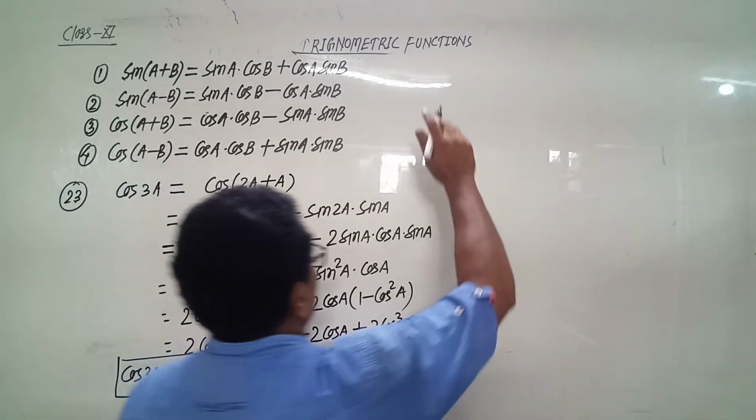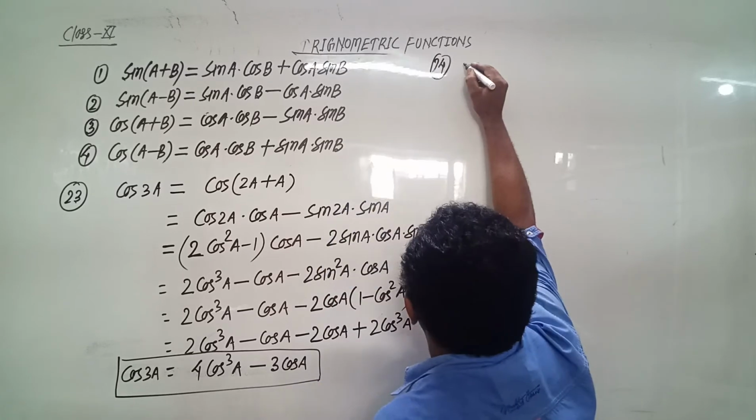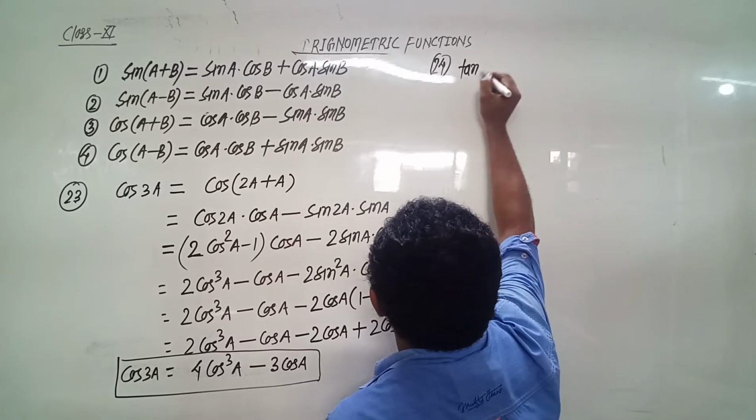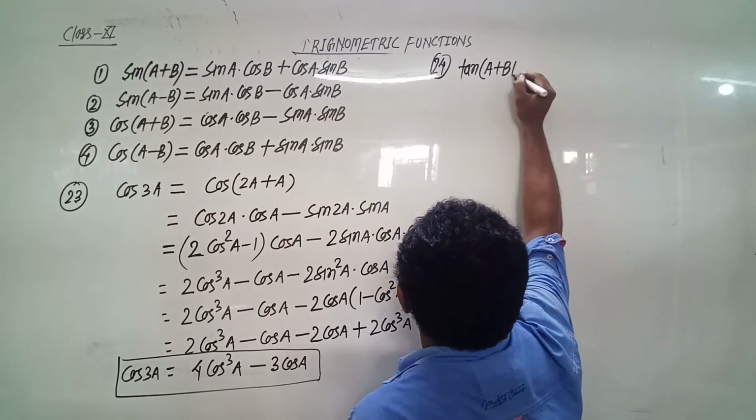Now formula number 24, tan(A plus B plus C).